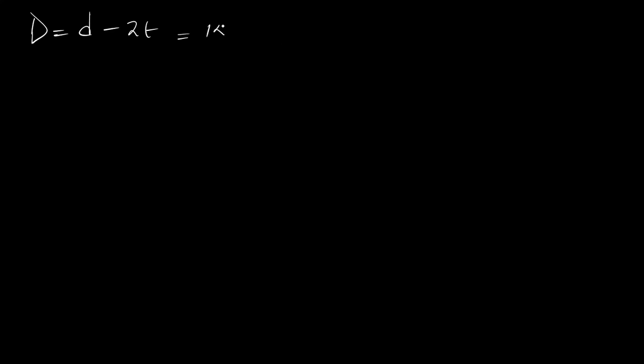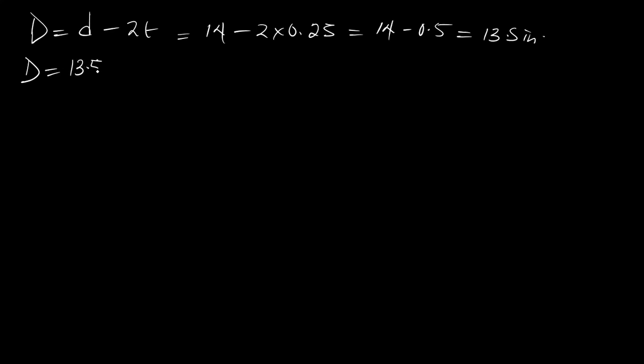So we have 14 minus 2 times 0.25, which will give us 14 minus 0.5. So this is 13.5 inches. That is our D, 13.5 inches.